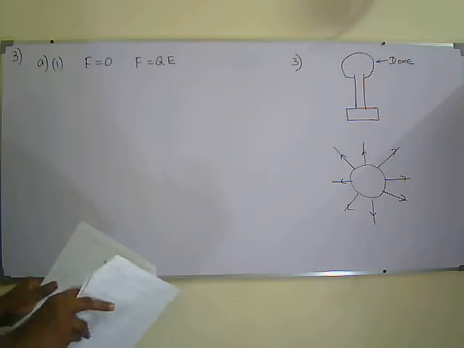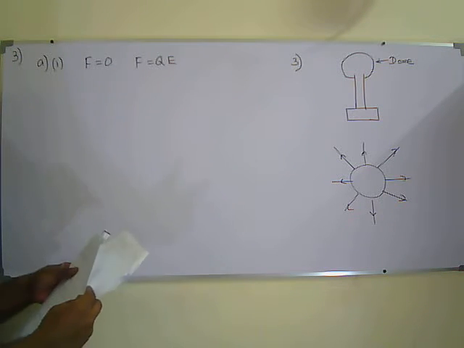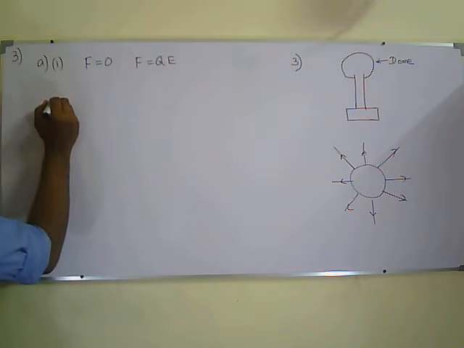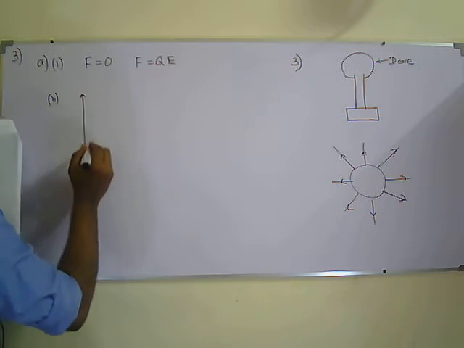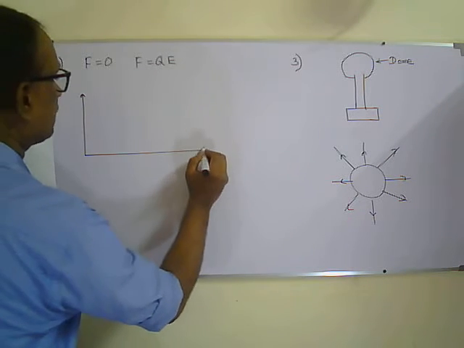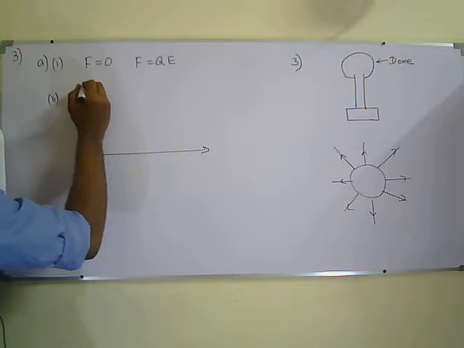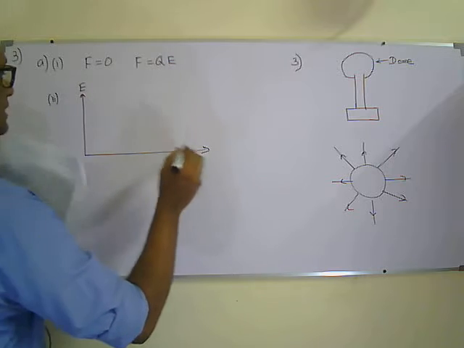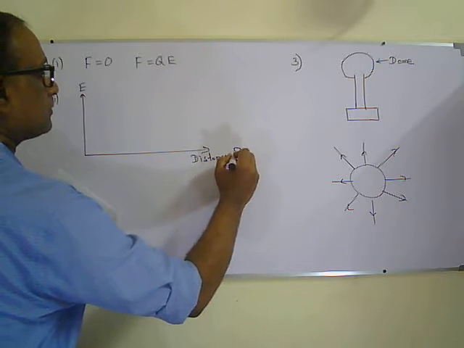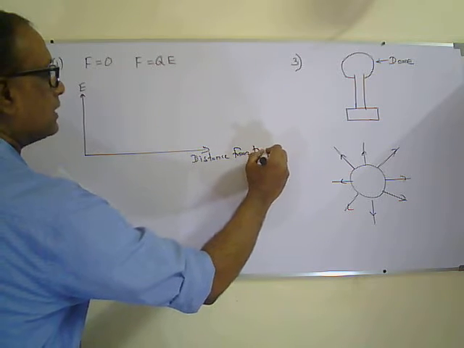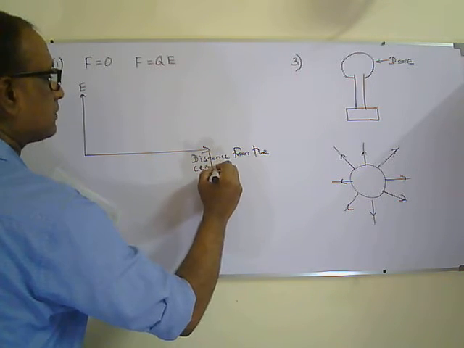Right, second part. This axis is given, incomplete. They asked to draw the electric field strength against distance from the center of the sphere.